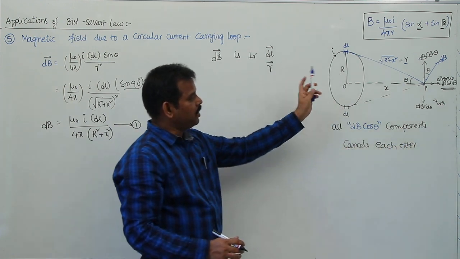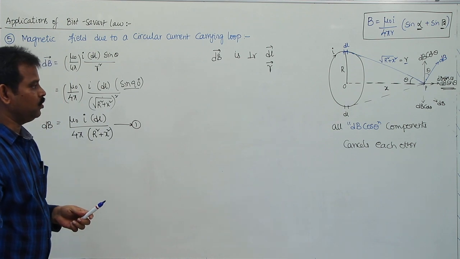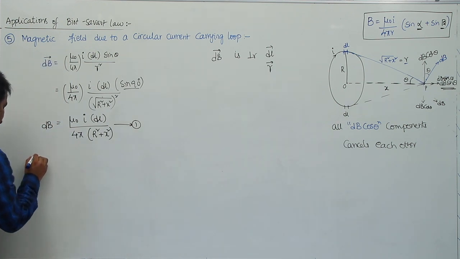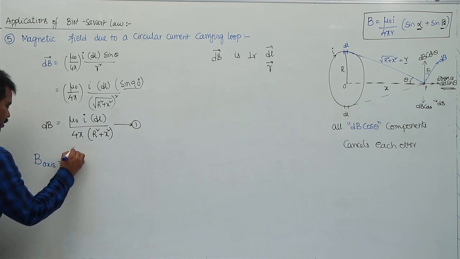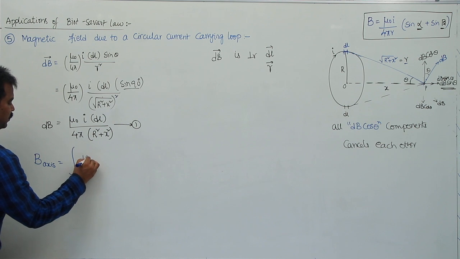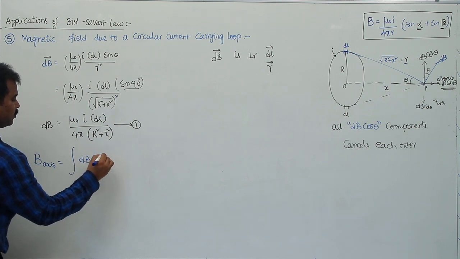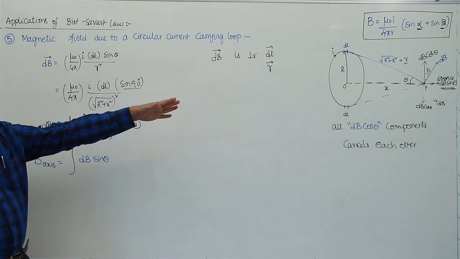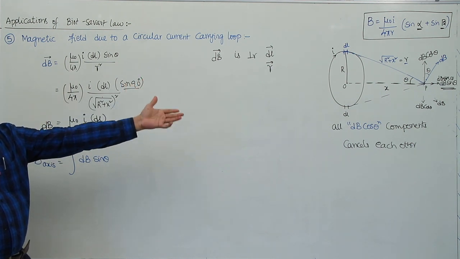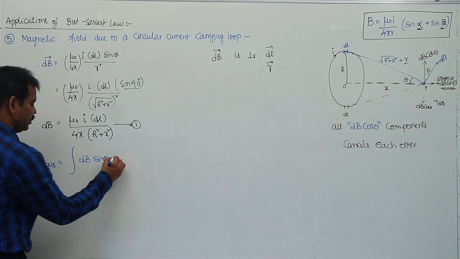So if you want to find the net magnetic field due to a circular portion, B net on the axis of a circular current carrying coil is given by the integral of dB sin theta, because I am adding only the dB sin theta components.